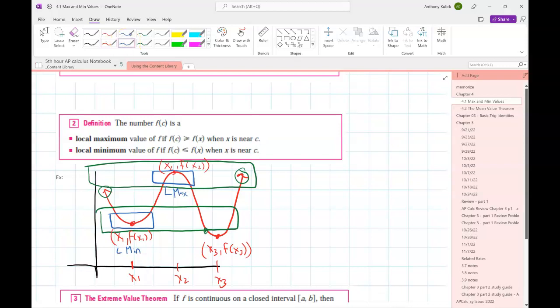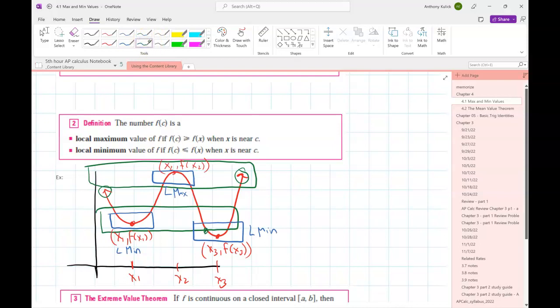And our last one here is x3, f of x3. Again, that's a local minimum. If I make a little box around that neighborhood, it's the lowest point in that box.